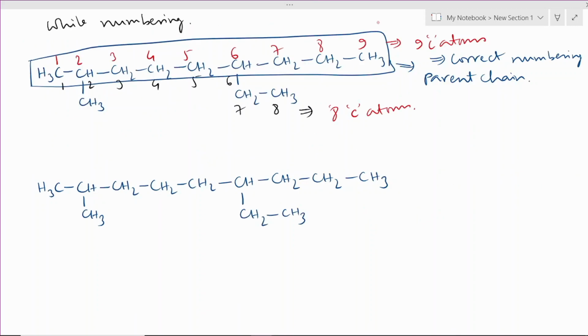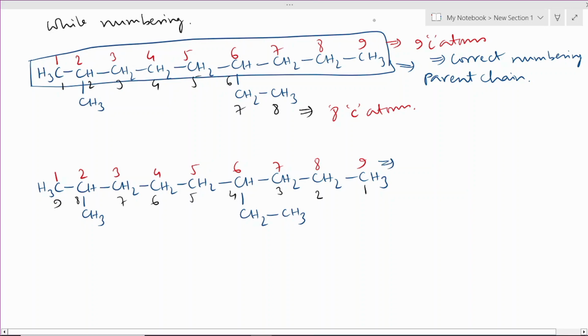In the next step, we have to do numbering in such a way that the substituents should get the lowest possible position. So here you can see that we can get two possible ways of numbering. One is 1 to 9, and the other way of numbering is also 1 to 9. So in the first way of numbering, the substituents get the positions 2 and 6.